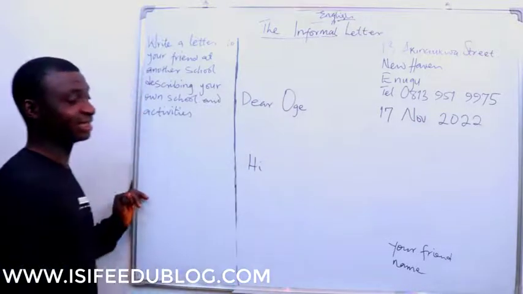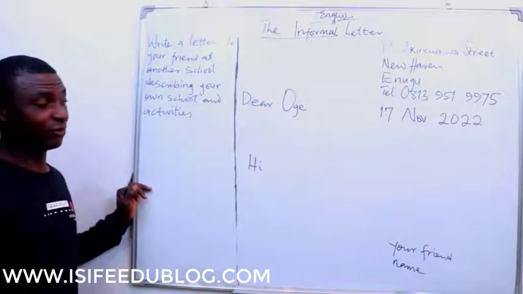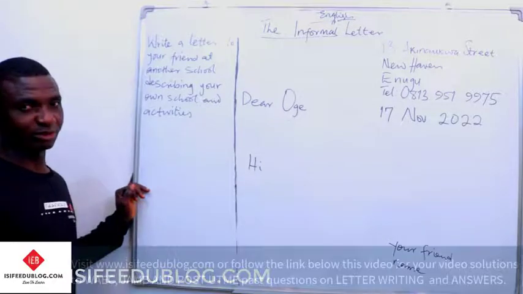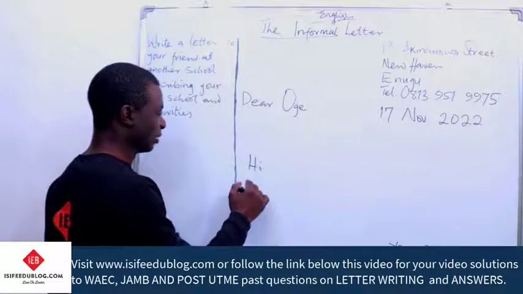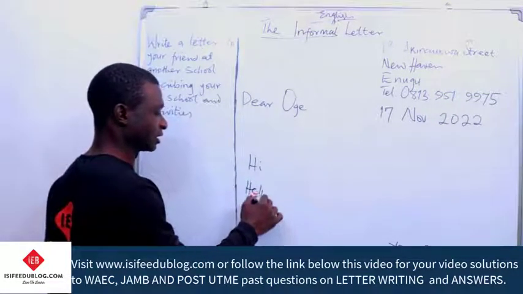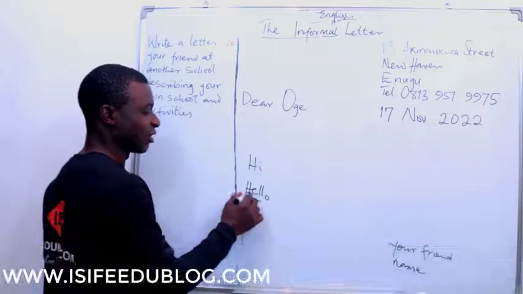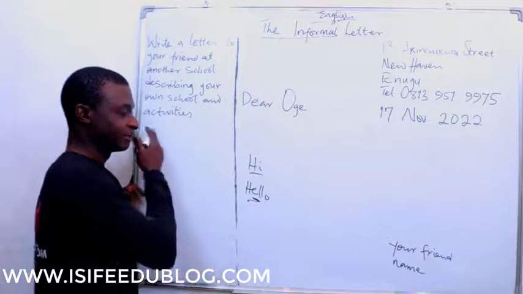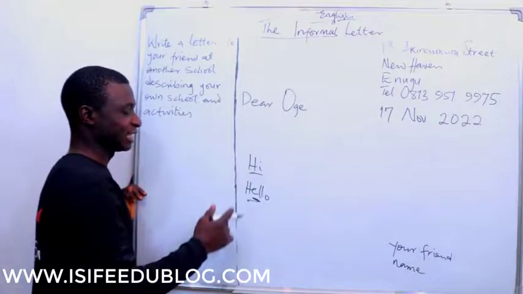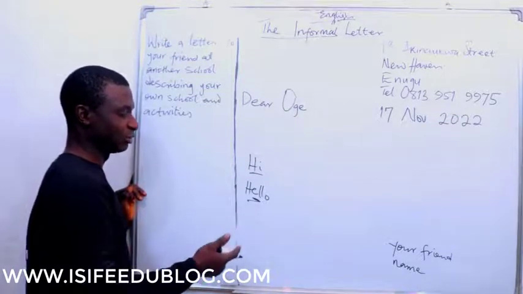Alright? Hi is an informal greeting. I've often shared this with my students everywhere. You don't respond hi with hello. There are two different greetings. You know, this is formal, this is informal. So you don't greet me hi and I reply you with hello.